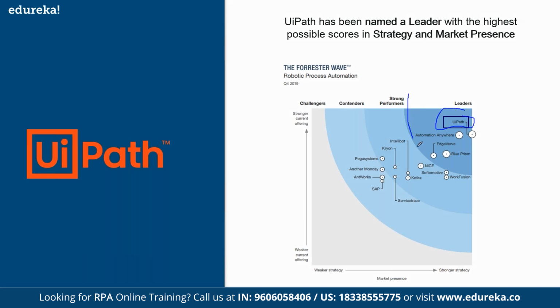This quadrant comes under leaders, and among those you have UiPath, Automation Anywhere, Blue Prism, and others. UiPath is somewhere here, which is currently leading, and the toughest competitor for UiPath is Automation Anywhere. All right, so this is your UiPath.